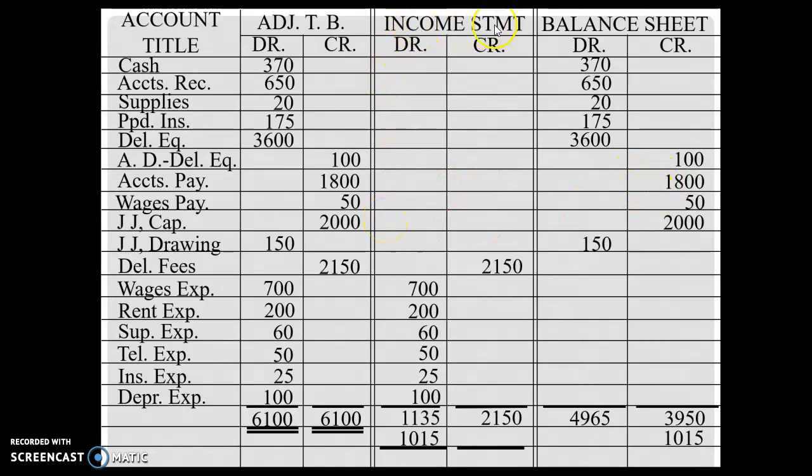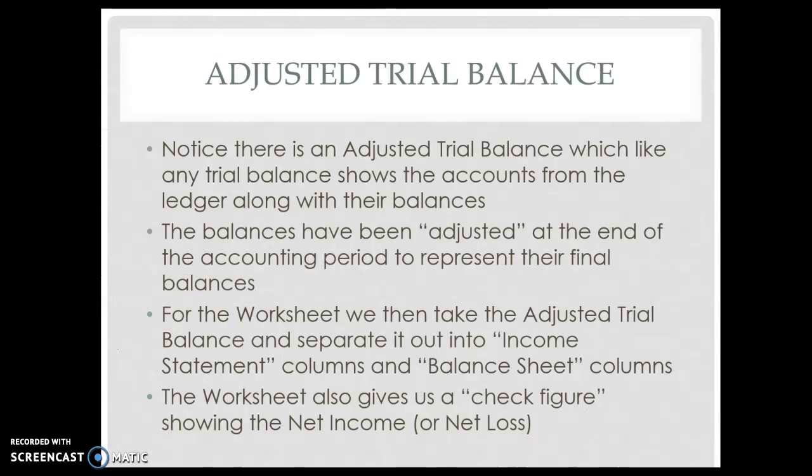And so we have the income statement, debit and credit of the income statement columns, debit and credit of the balance sheet columns. And so you have to decide for each one of these accounts, does it go in the balance sheet columns or the income statement columns? And everything has to be totaled up in the final section.